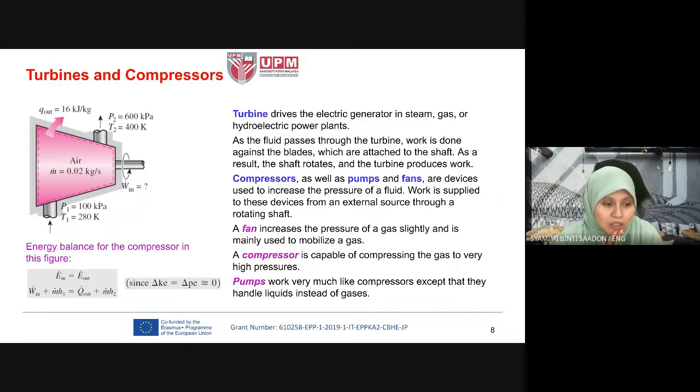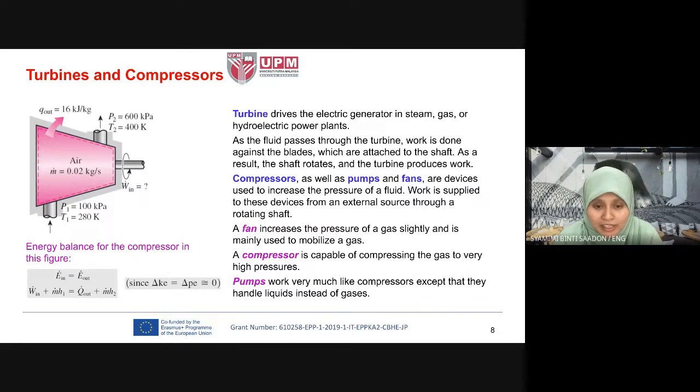So for compressor and turbine, the energy balance, work input is usually in the compressor. The compressor needs power to pump the fluid. And then the enthalpy is always there.